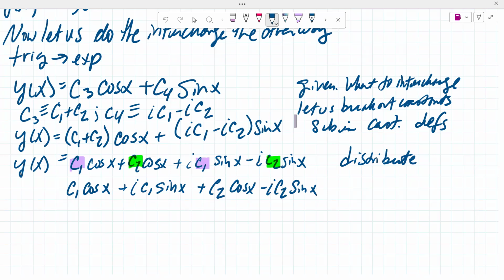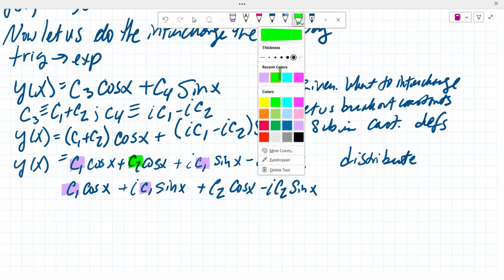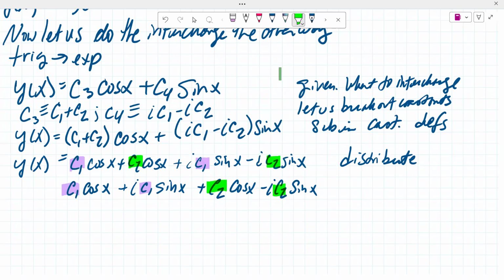So notice that what I've done now is I've grouped them back together. So the C1s are now together and the C2s are also together. And so now I'm getting ready to factor out. So this is rearrange. This should be an equal sign.